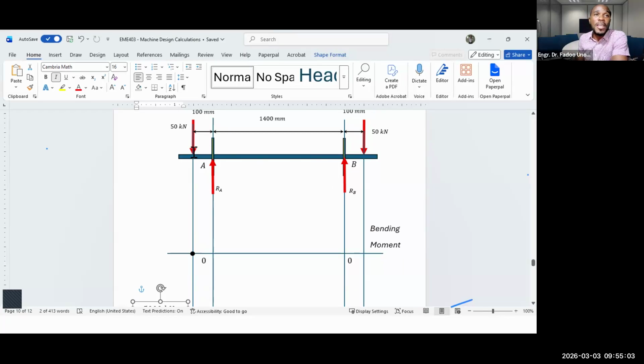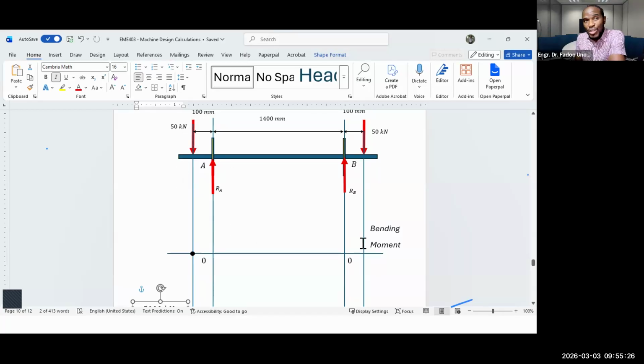All right? If I were walking from the left-hand side, since I started working from the left-hand side and I'm coming, this is for sign. Please follow me carefully. The leftmost 50 kilonewtons is going to have a moment of 50 kN times 1,500.